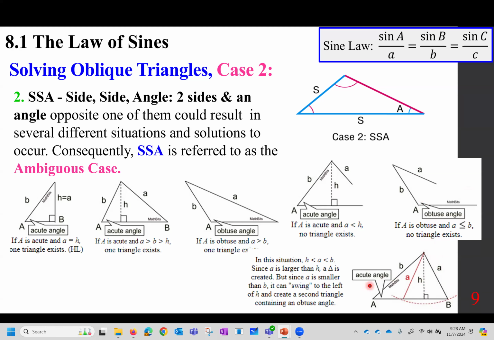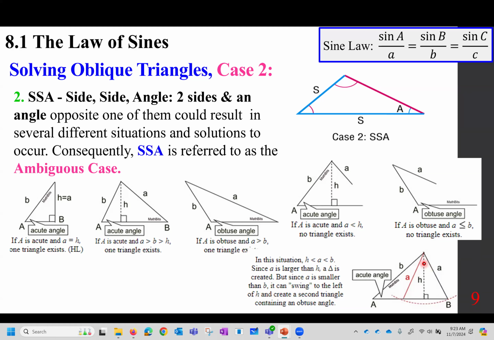So a has a value between h and b. Since a is larger than h, a triangle is created. But since a is smaller than b, it can swing to the left of h and create a second triangle.